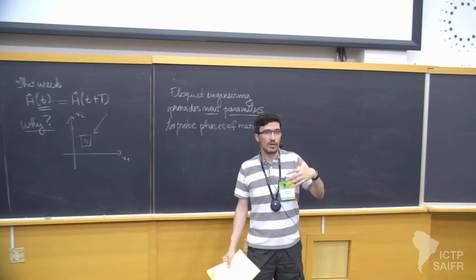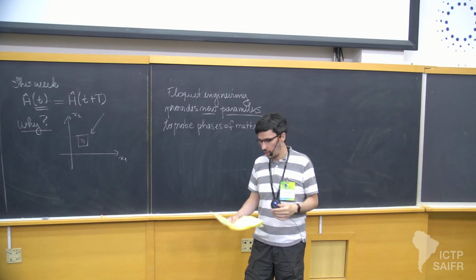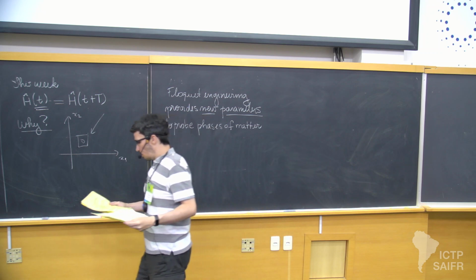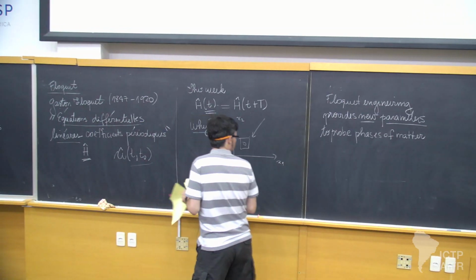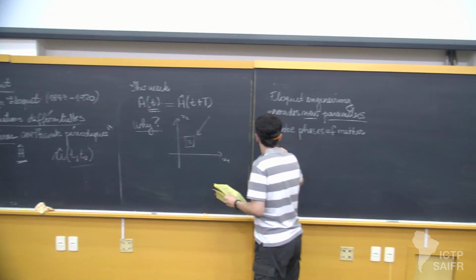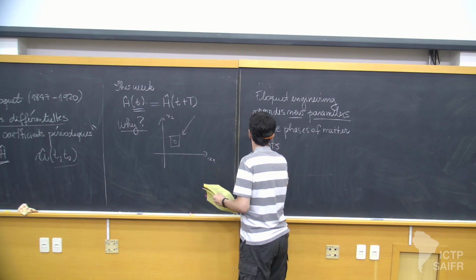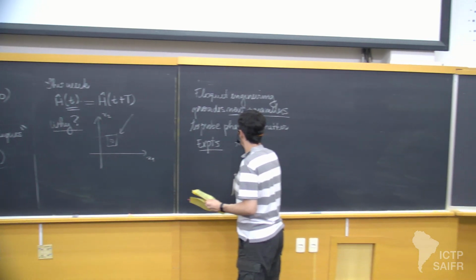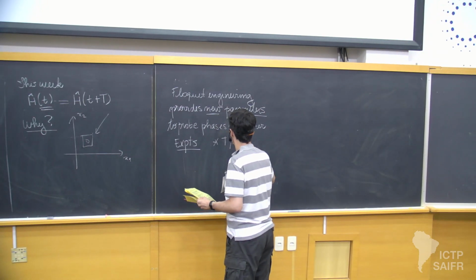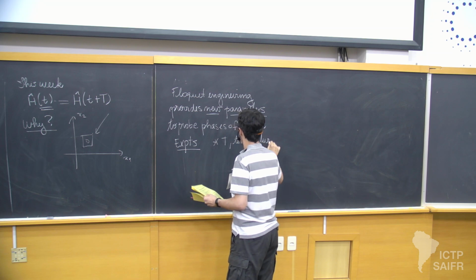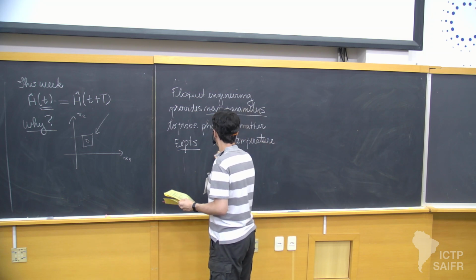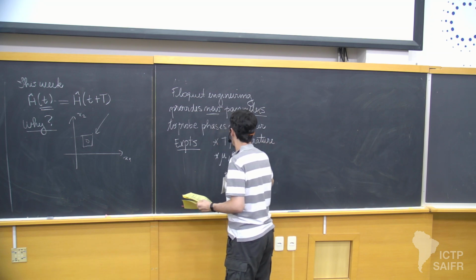Typically, experimentally, you have access to pressure, you have access to temperature. So in experiments, typically you have access to things like temperature. You have access to mu, the chemical potential.